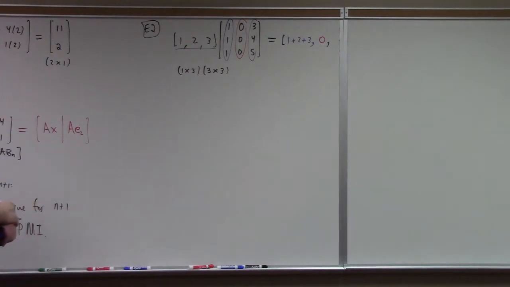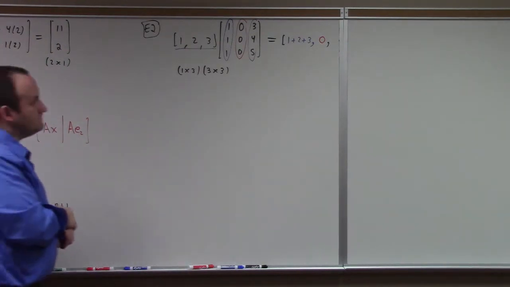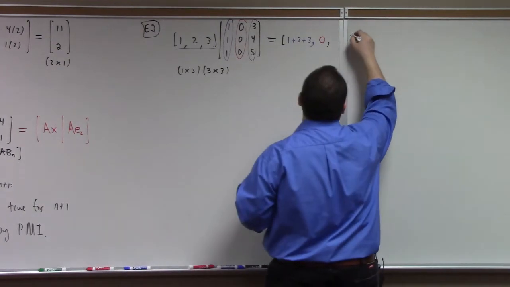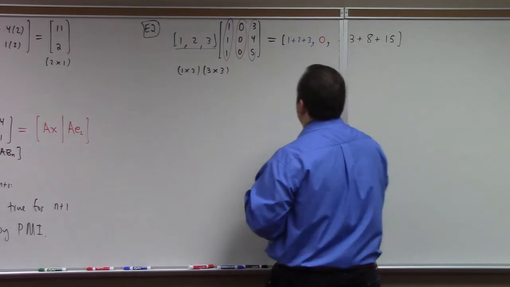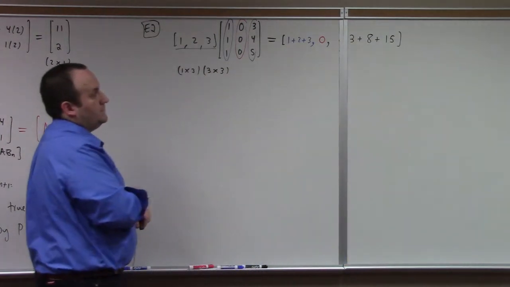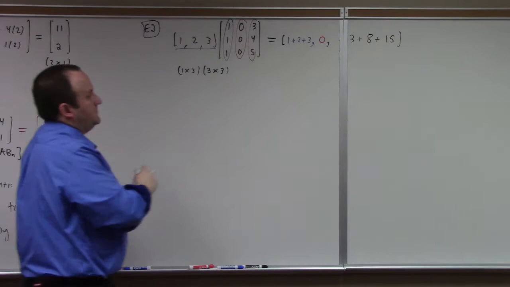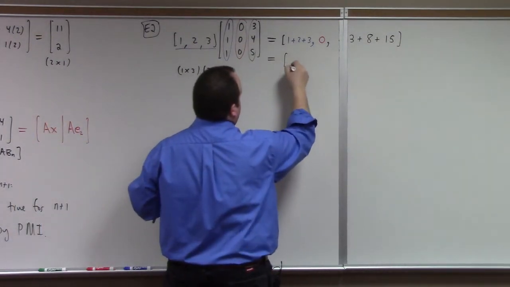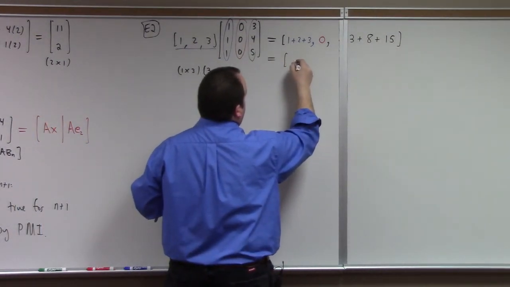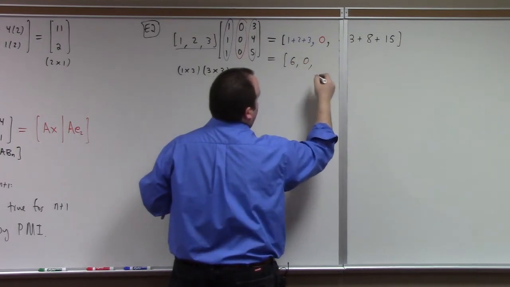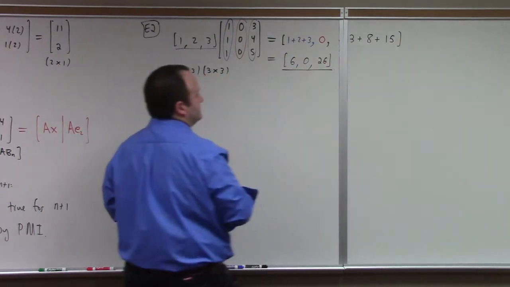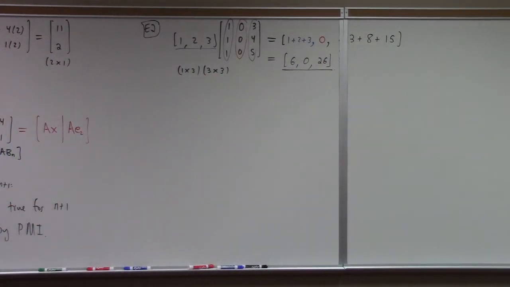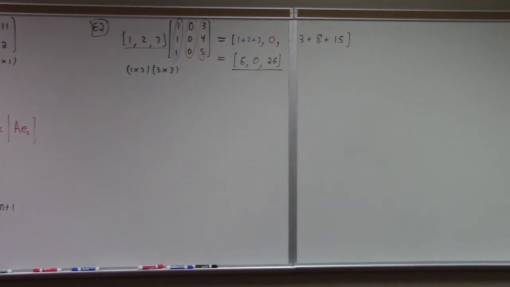I get 3 plus 8 plus 15. So what's that work out to? 6, 0, and 26. So we can multiply by a row on the left of a square matrix if it's the right size row.